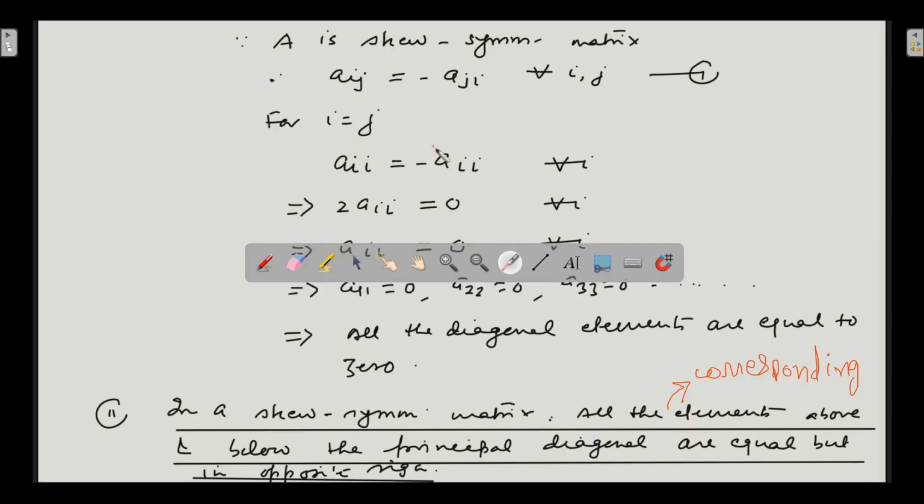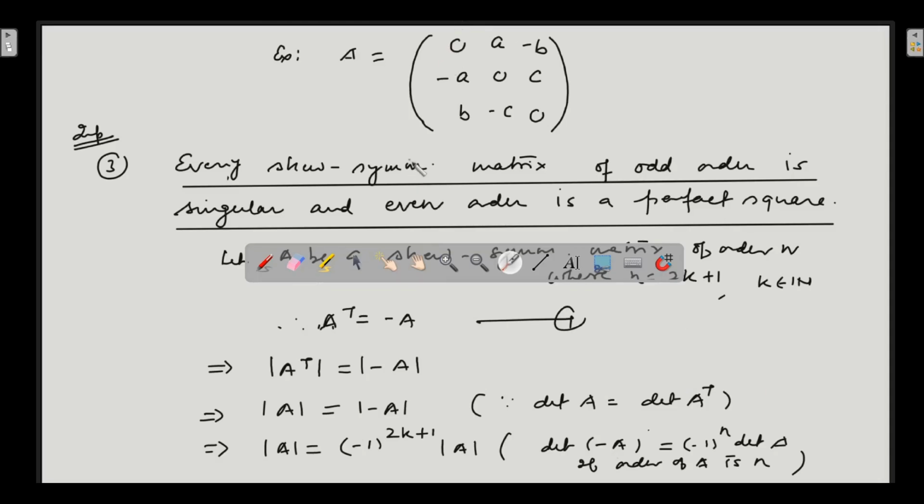Let me explain with the help of an example. This is the principal diagonal of this skew-symmetric matrix.